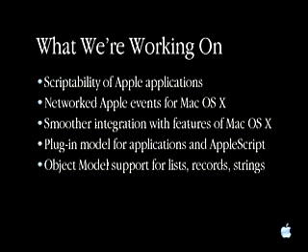And then there are two perennial projects that I've been talking about forever and we're still working on. As soon as they stop revving the OS so we can sit and work on our own code for a while rather than port, we'll get through these. But a plugin model for applications so that your applications can more easily support plugins, and for AppleScript itself so we can extend things like adding a full Unicode class without having to go into the bowels of AppleScript and hack everything ourselves.